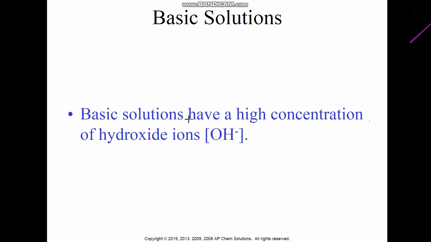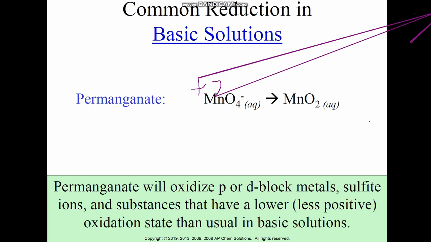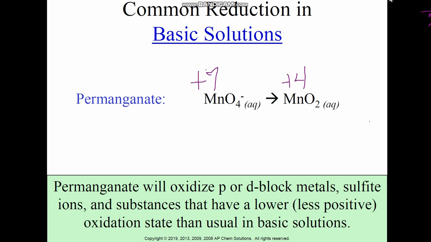So basic solutions actually have high concentrations of hydroxide ions. Permanganate goes from a +7 oxidation number to a +4 oxidation number. This is a common reduction in a basic solution.